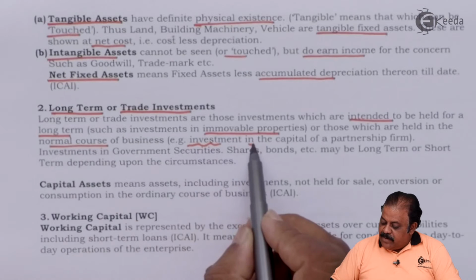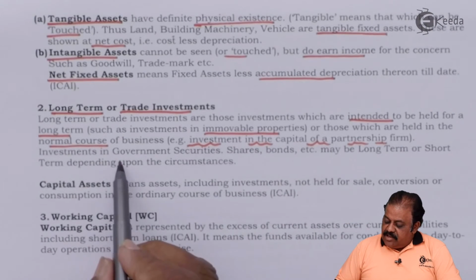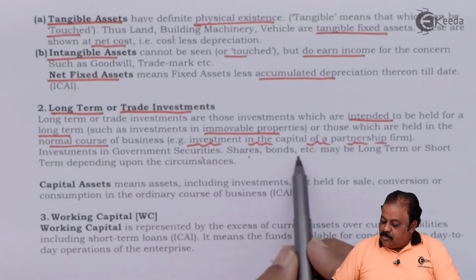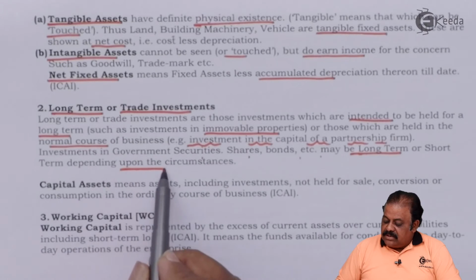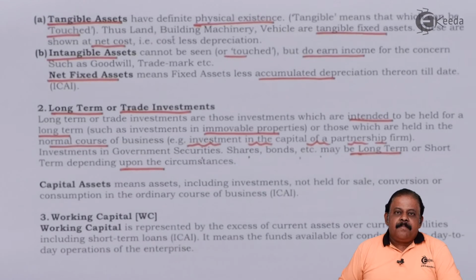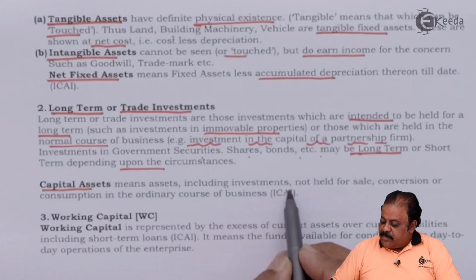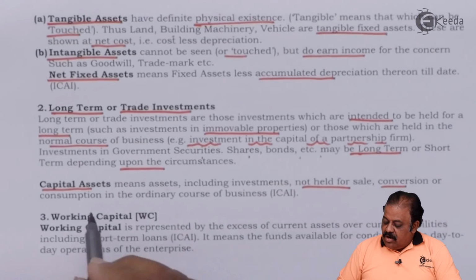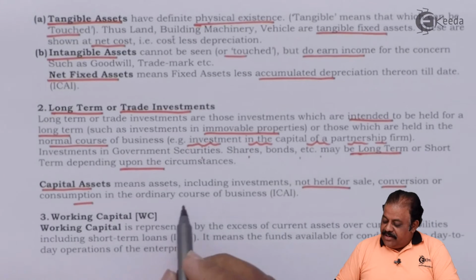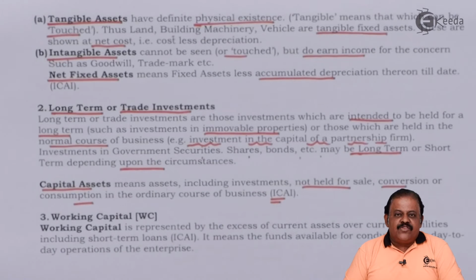Example, investment in capital of a partnership firm. Investment in government securities, shares, bonds, etc. may be long term or short term depending upon the circumstances. Capital asset means assets including investment not held for sale, conversion or consumption in the ordinary course of business as per the CA Institute's guidance notes.